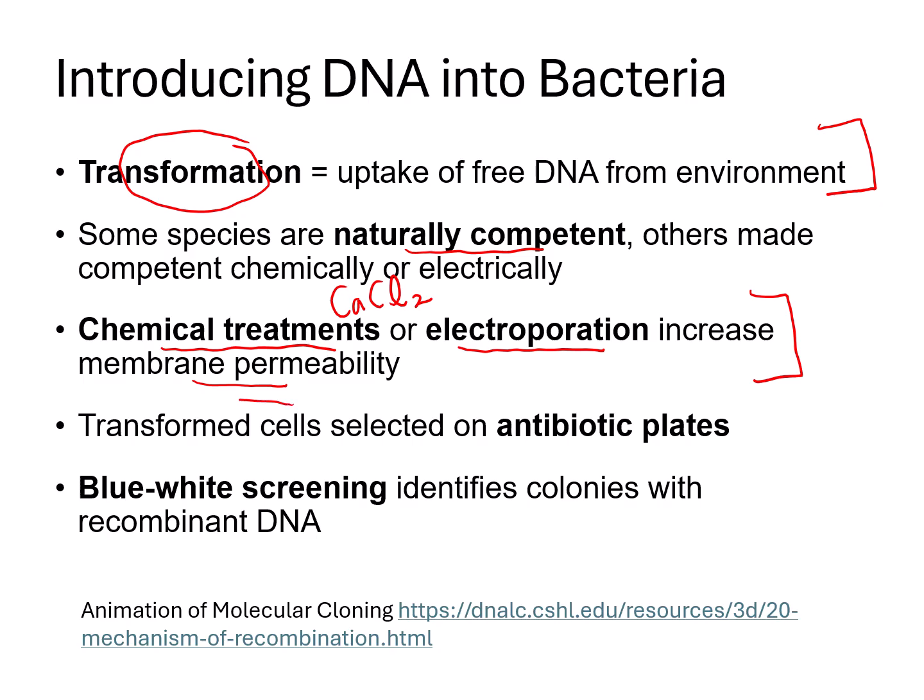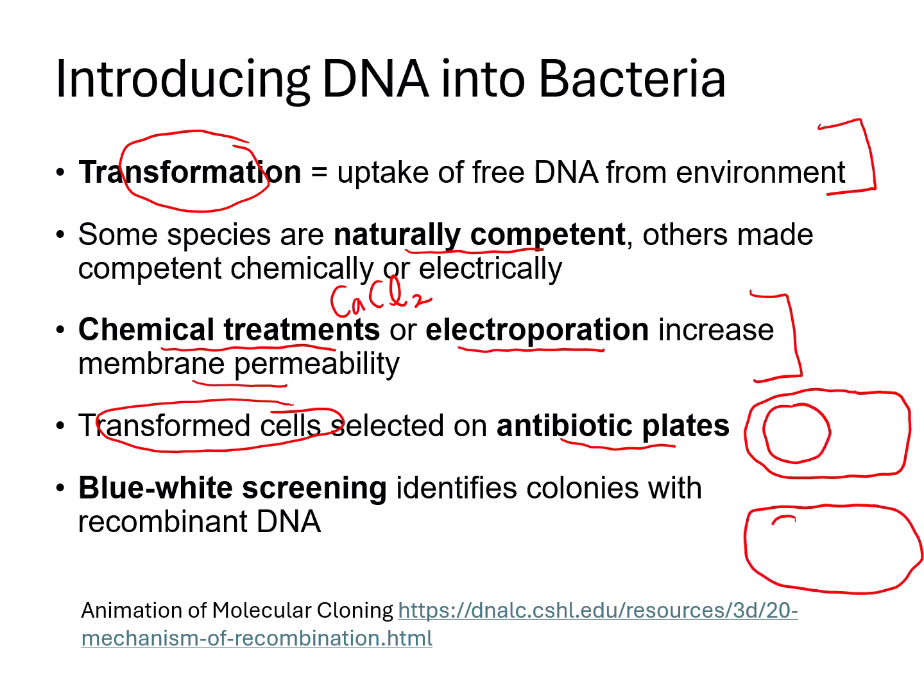Then the transformed cells, cells that have taken up that recombinant DNA, are selected for by growing them on antibiotic plates. Remember that, let's say this is a cell. We have our normal chromosome, and then this is a cell that has the normal chromosome, but also the plasmid. Remember, on the plasmid, we have some kind of antibiotic resistance gene, such as a gene that makes it resistant to maybe ampicillin, that antibiotic.